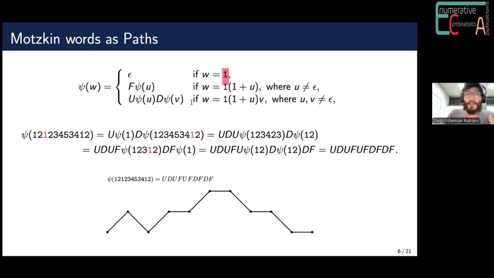If there is a 1, you have to use the third case, and if there is no 1, you use the second case. Here, 1 plus u means that because there are no ones, all these words have symbols greater than 1, and they start with 2. So when you subtract 1 from every symbol of these words, you get a Motzkin word.